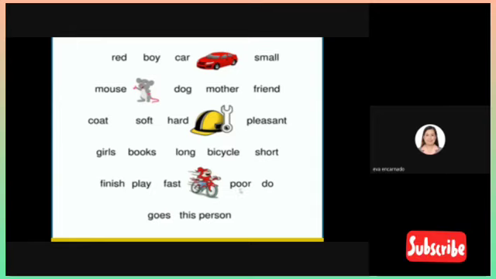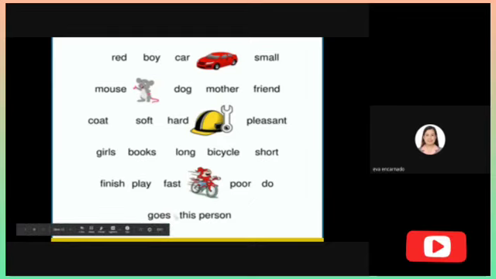Poor, adjective. Do, verb. Goes, verb. In this case, we can use this as an adjective. Later, you will find out why we consider it an adjective. Person, it's a noun, right?